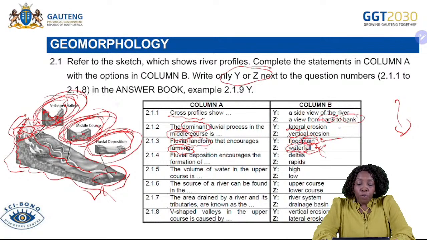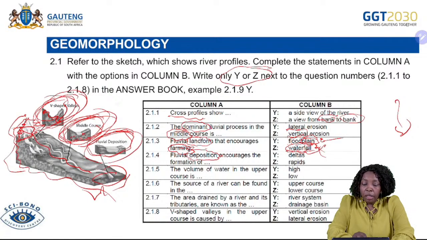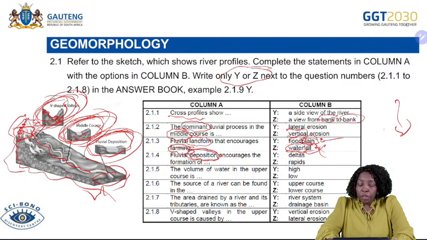Then 214, fluvial deposition encourages the formation of. So here now, what is your key word? It's deposition. So where deposition takes place, which of the two landforms can be formed? So we've got the option of, is it a delta or is it a rapid?